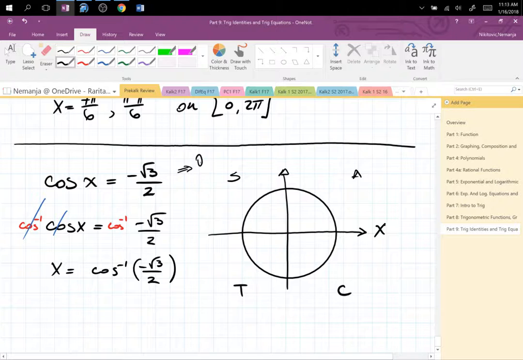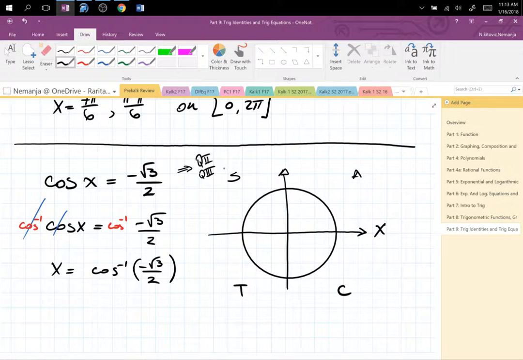I know that just by looking at the equation, because I have a lot of experience. When I see the equation, I say cosine is negative, right? I don't care what number, is it root 2 over 2, root 3 over 2, or whatever. Is it positive or negative? That's the first thing I look at. It's a cosine and it's negative, which means solutions are going to live in the second and third quadrant.